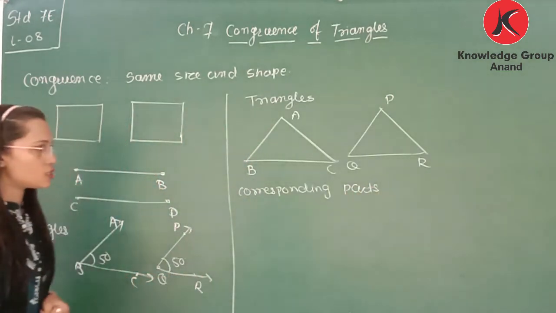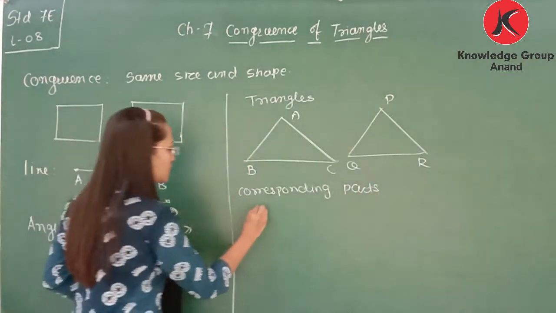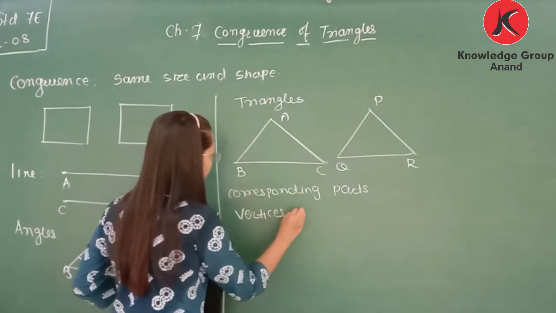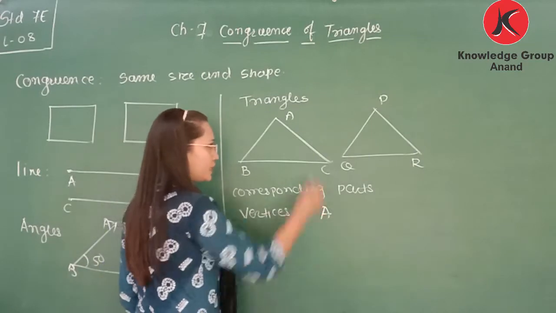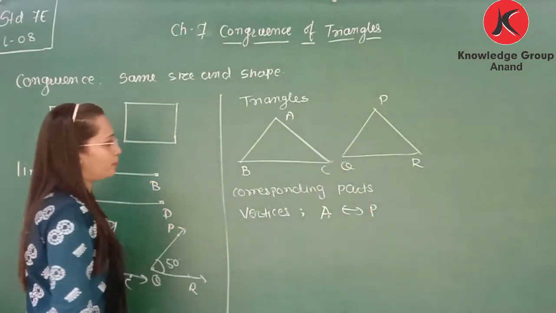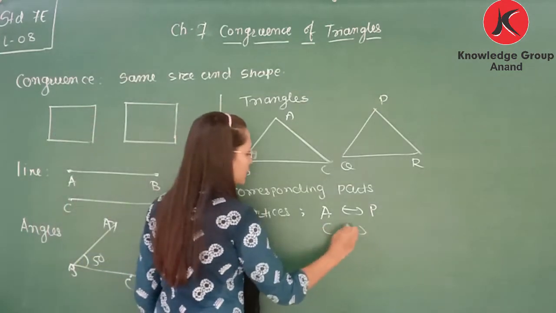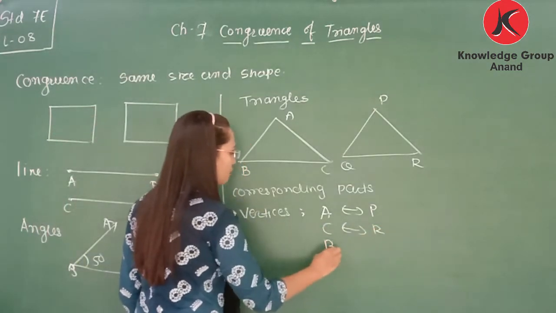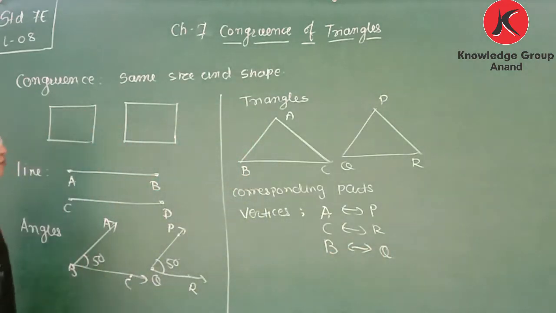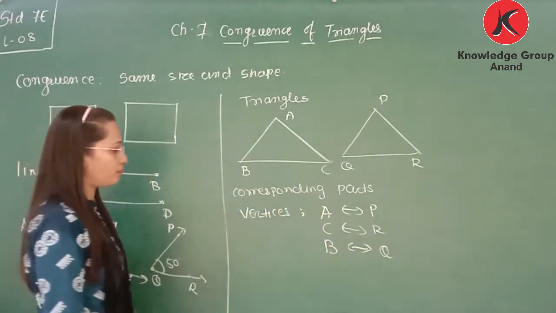Which are the corresponding parts of ABC? That is, vertices. Point A corresponds to P, C corresponds to R, and B corresponds to Q. So these are the corresponding vertices of triangles ABC and PQR.